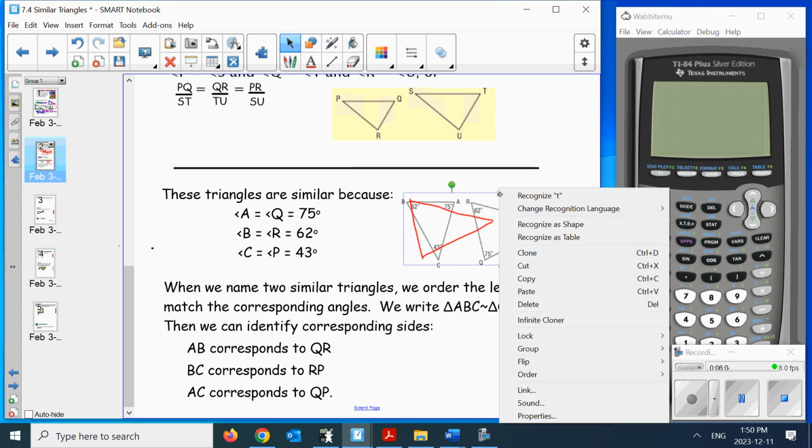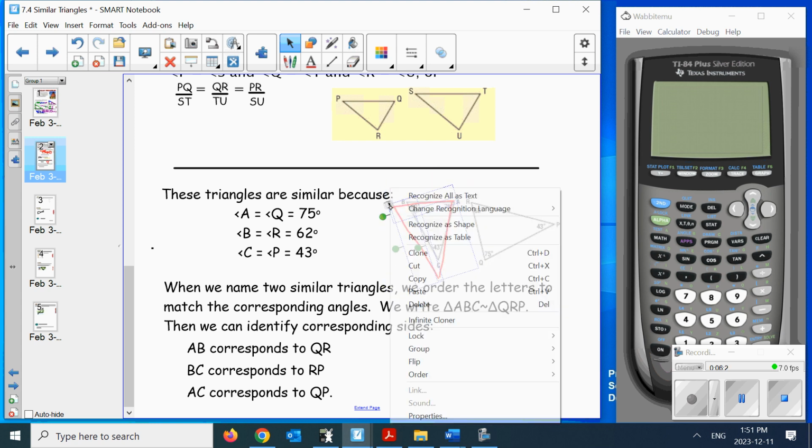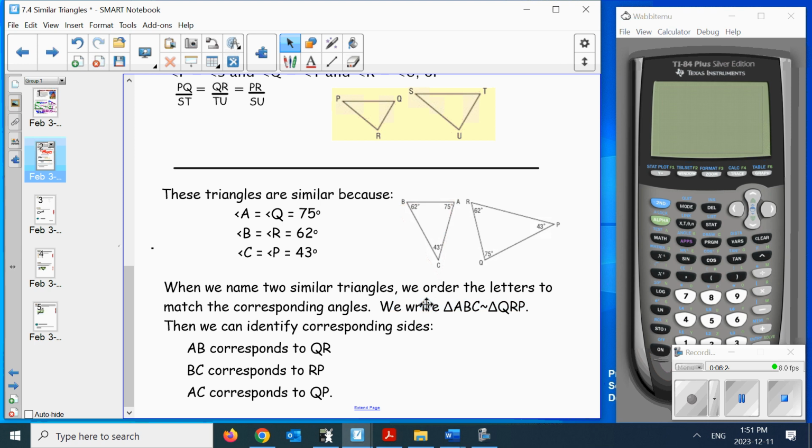If I reverse this, flip, I would first of all have to flip to get it to the same orientation. And then they are the same. I'm going to erase all of that. Okay? So they're even considered similar when they're mirror images.